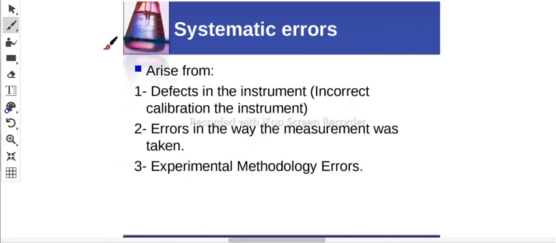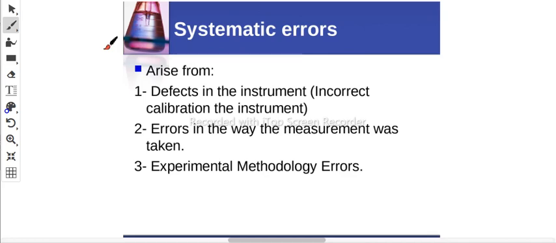Systematic error can arise from a defect in the instrument. When talking about a defect in the instrument, perhaps there will be incorrect calibration of the instrument or tool. Remember that all tools or equipment used inside the lab should be calibrated before using.